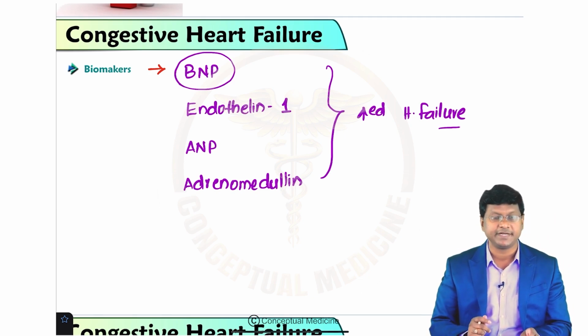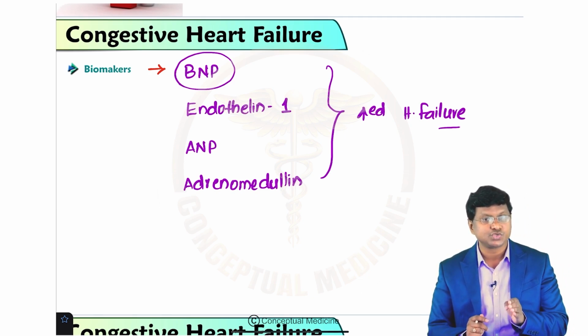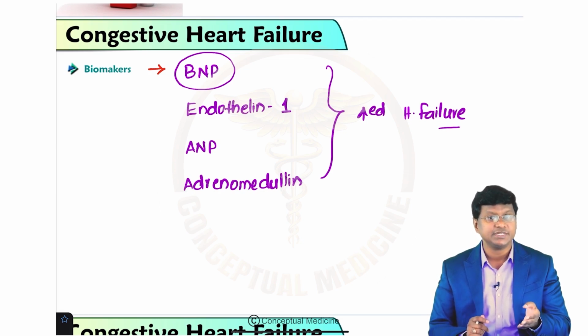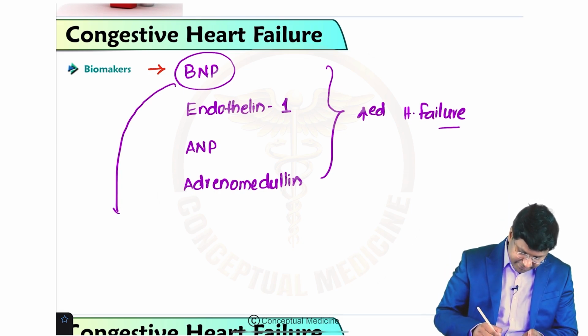Brain natriuretic peptide has scored over others in prognostic, diagnostic and therapeutic value. So this is the best marker.